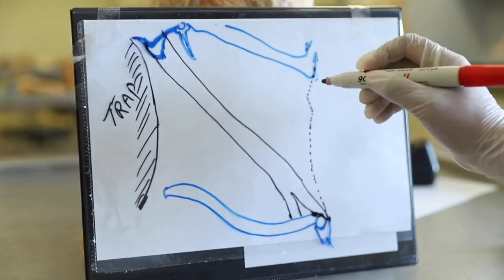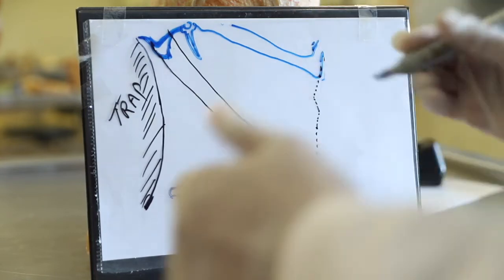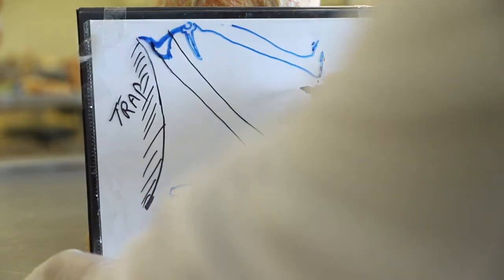Actually, we have the hyoid bone here, at the level of C3 cervical vertebra. Those levels are important, please. You have to consider them.